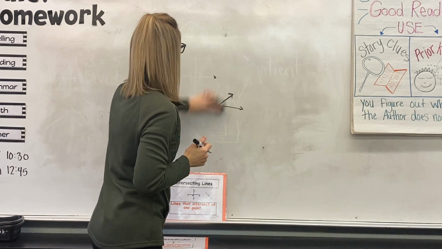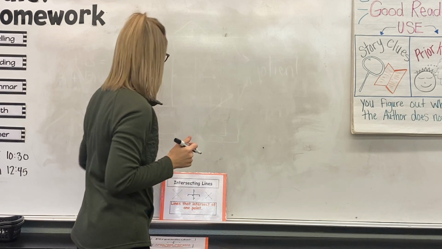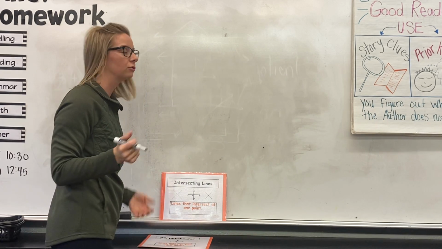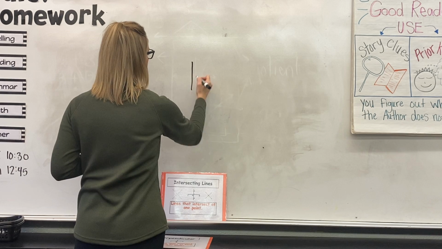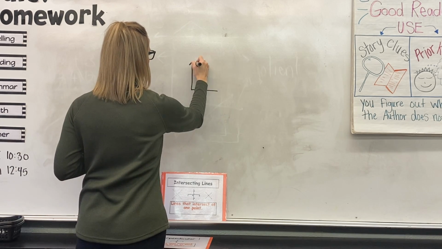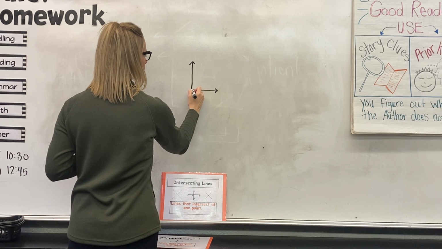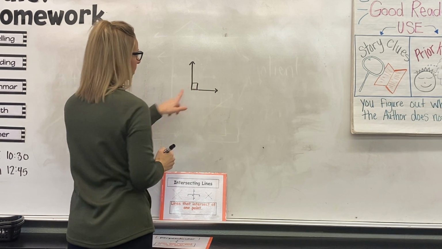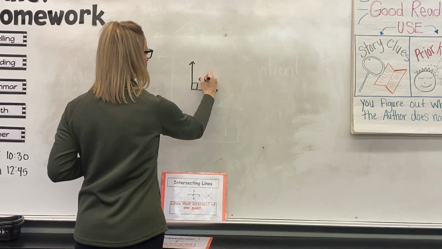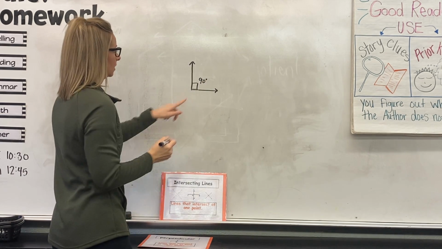Okay, let me show you one more example, and I'll show you the difference between right angles and other angles, which you will learn later. All right, that is a right angle because it has a square corner. And we can signify that's 90 degrees by drawing that little box.